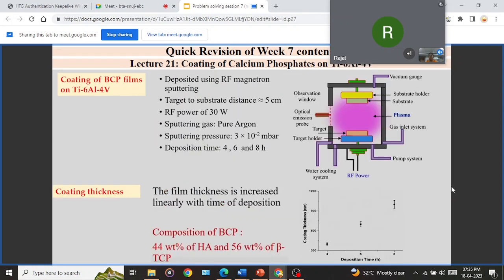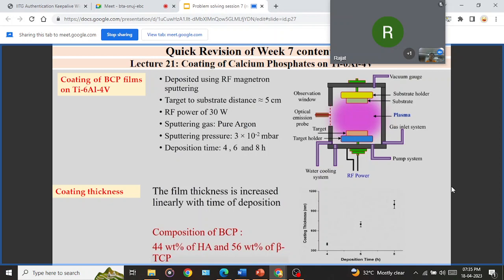So we'll see various methods by which we do this BCP film coating on titanium. Deposition using, again, RF magnetron sputtering, wherein the target is placed at one end and the substrate, that is the titania, at the other.